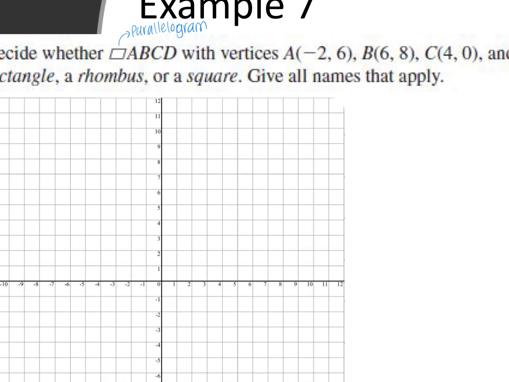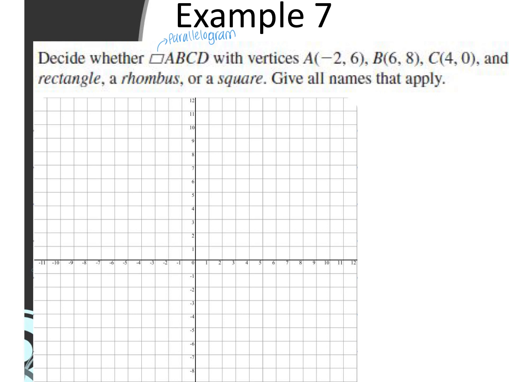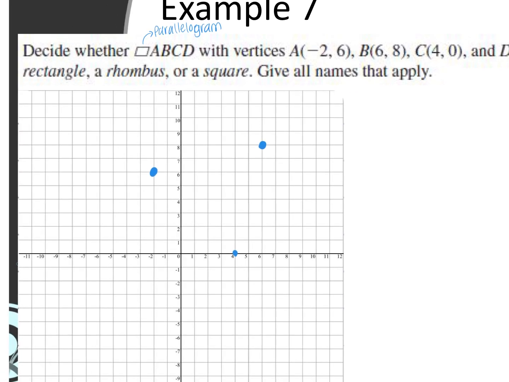So let's go ahead and plot the points. (-2, 6), (6, 8), (4, 0), and (-4, -2).